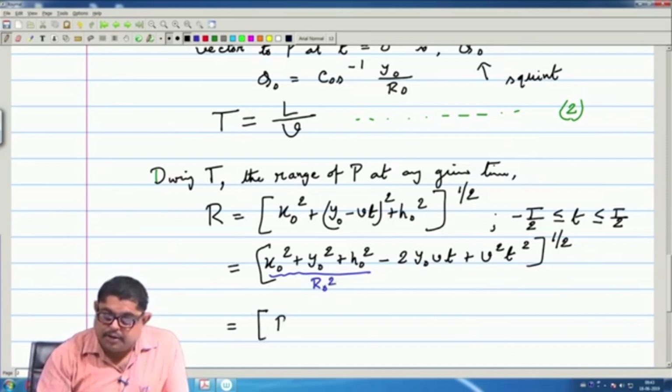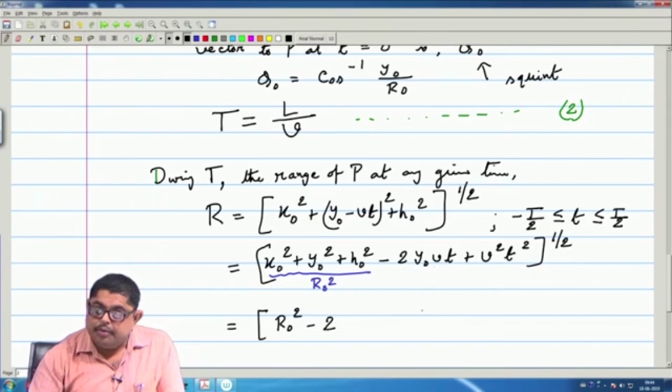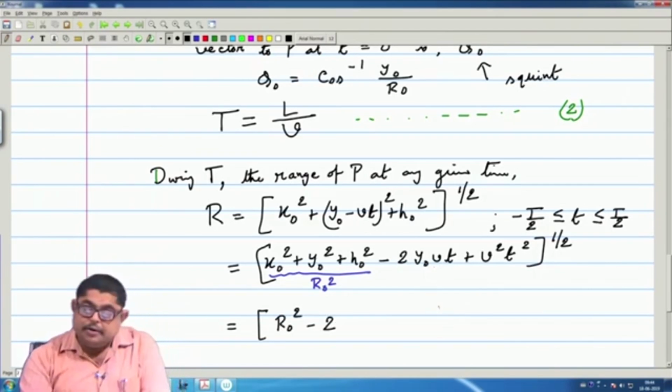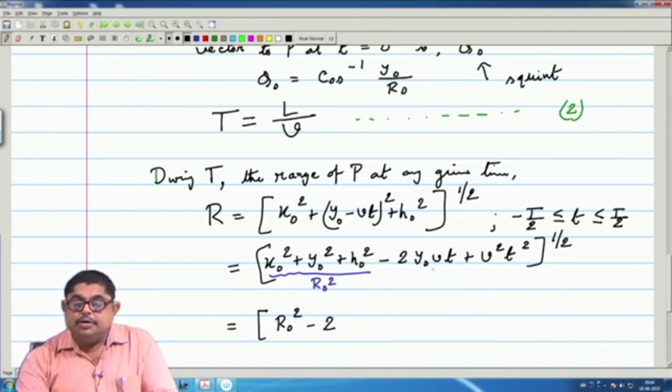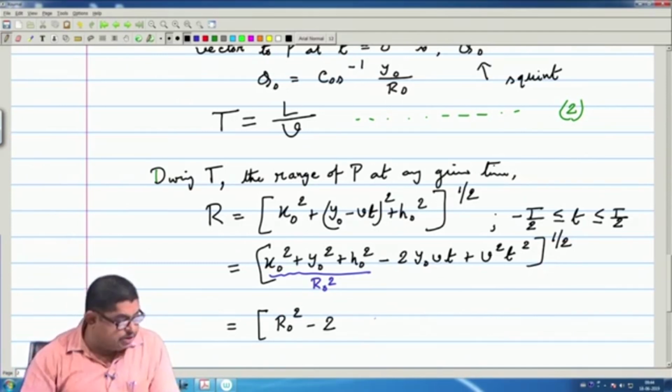So, I can write it as R naught square minus 2 y naught v t. Now, from this cosine relation, what is y naught? Y naught is R naught cos theta naught.